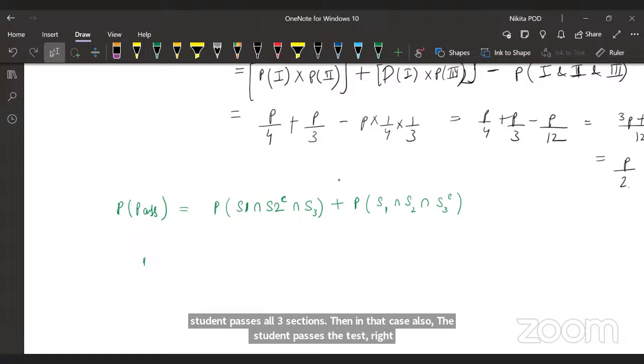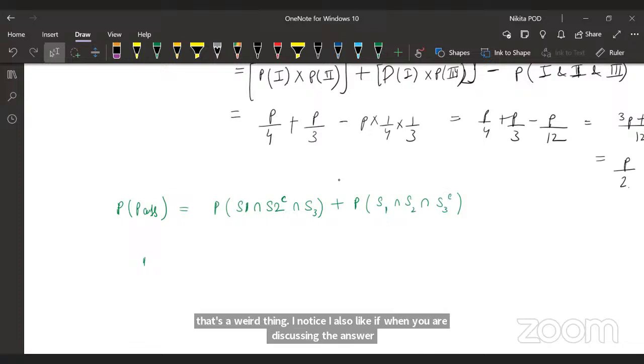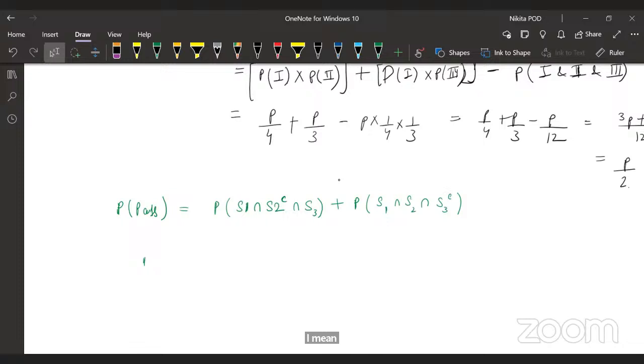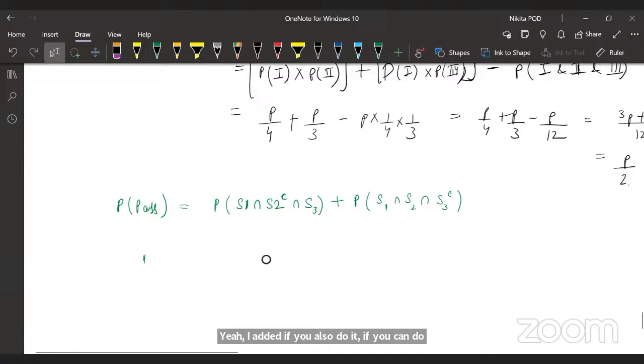So we will add that also, right? Yes. Yeah, that's the weird thing I noticed also when you were discussing the answer. If you add it, then you will get that 2 by 3 answer.